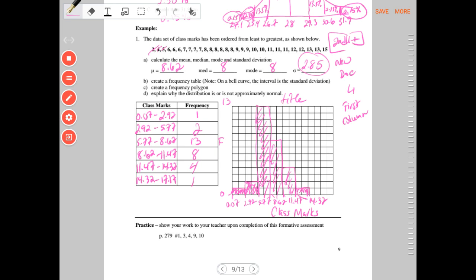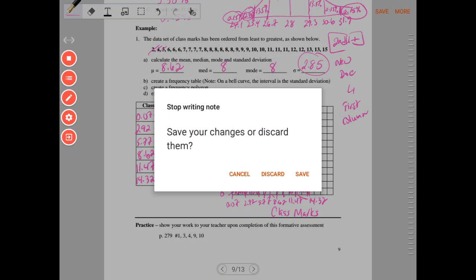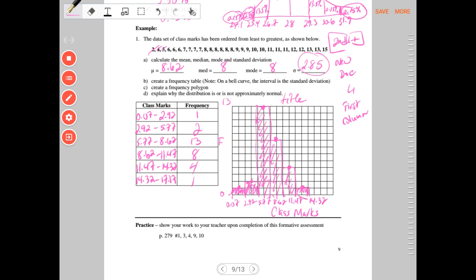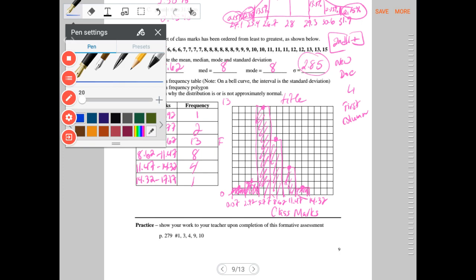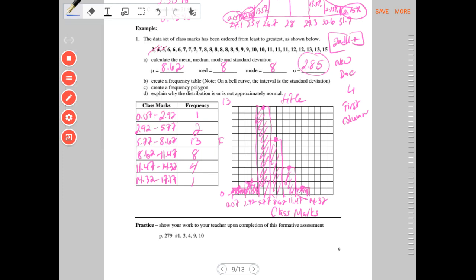And in order to draw a frequency polygon, we need the midpoint of each of my bars. Just draw a dot at the top of each one in the middle. And then we're going to connect the dots. Okay, so what you want to do is, I'm going to change my color here for just a moment so you can see where my frequency polygon is.